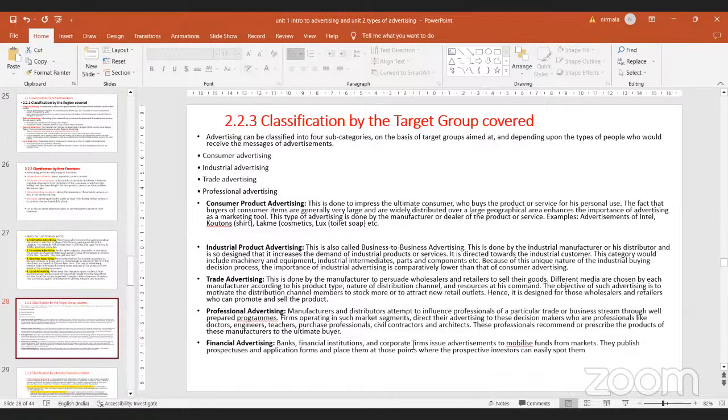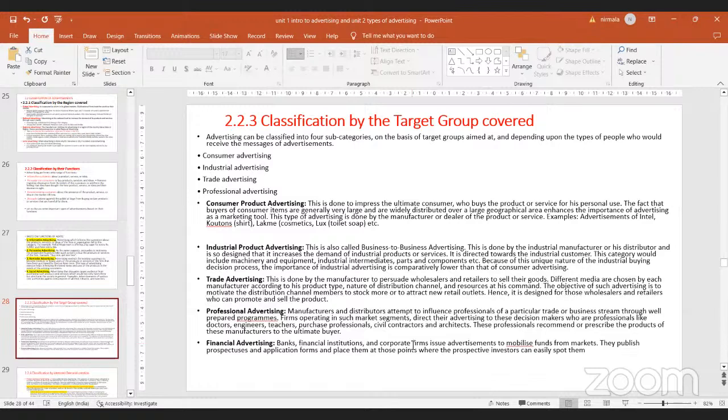Then financial advertising. It is generally done by the banks or financial institutions and corporate firms, who issue advertisements to mobilize funds from the market. For example, banks may give advertisements when they have recently launched an increase in interest rates, asking consumers to invest in their banks in the form of FDs, etc. So it is persuading the promising consumers to come and put in an FD, whatever amounts they have.